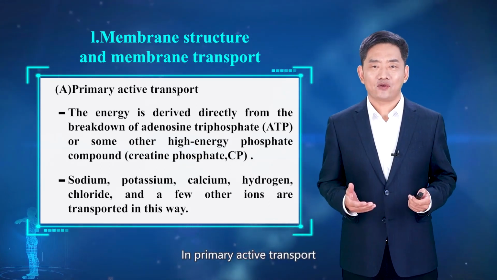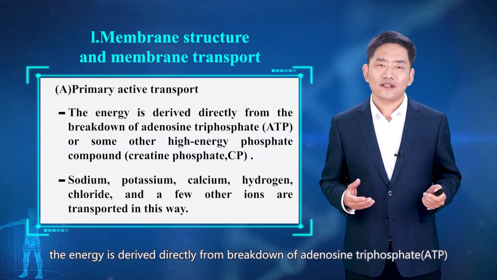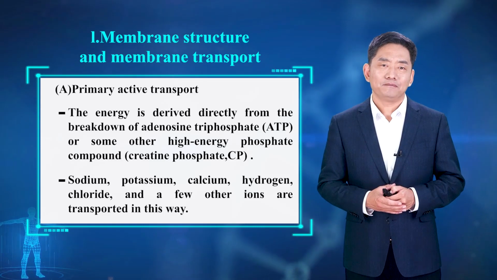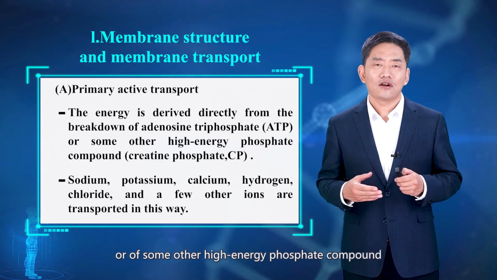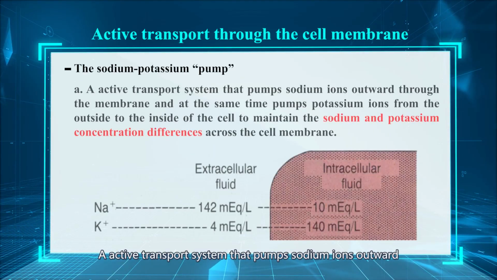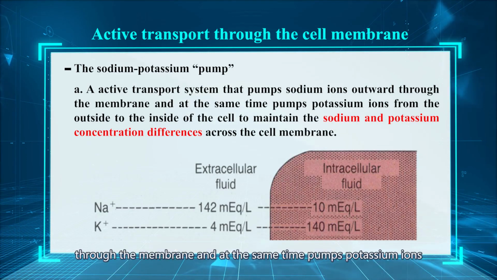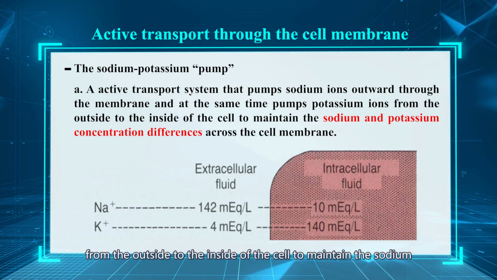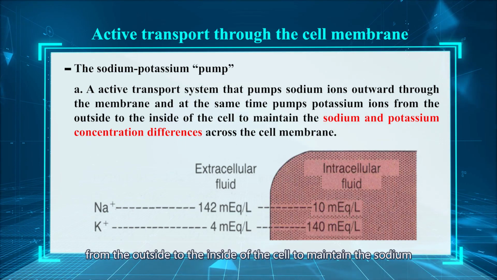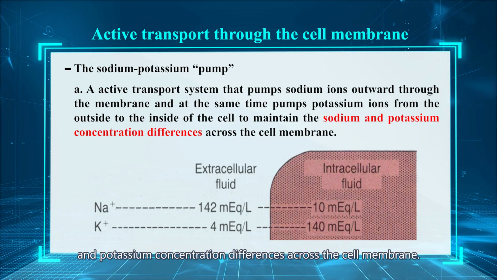In primary active transport, the energy is derived directly from breakdown of ATP or of some other high-energy phosphate compound. An example is the active transport system that pumps sodium ions outward through the membrane and at the same time pumps potassium ions from the outside to the inside of the cell, to maintain the sodium and potassium concentration differences across the cell membrane.